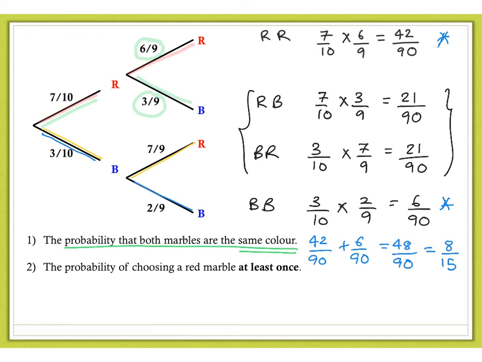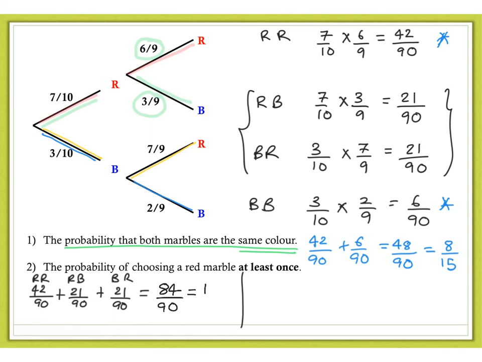Part 2. The probability of choosing a red marble at least once. So again, we'll look at the two possible ways of doing this. So we could have two reds, we could have a red and a blue, or we could have a blue and a red. So my probabilities are 42 over 90 plus 21 over 90 plus 21 over 90, which gives me a value of 84 over 90, which we can simplify down to 14 over 15.